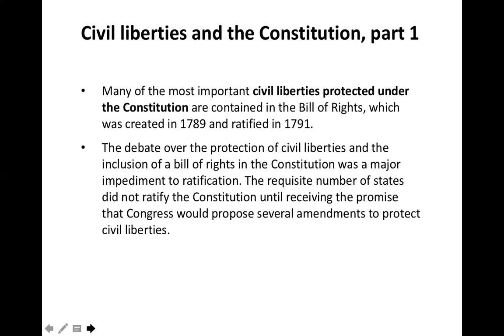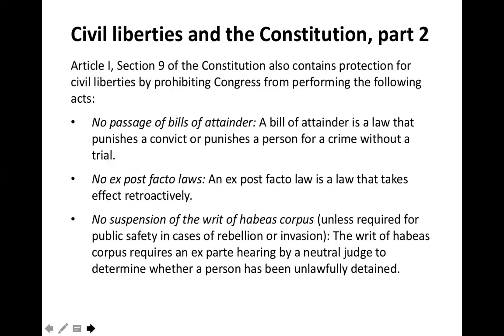England had their own Bill of Rights, and they were trying to have these protections for individuals so that we didn't end up with a tyrannical government. The issue in ratifying the Constitution was that the requisite number of states would not ratify until we had these amendments to protect civil liberties.